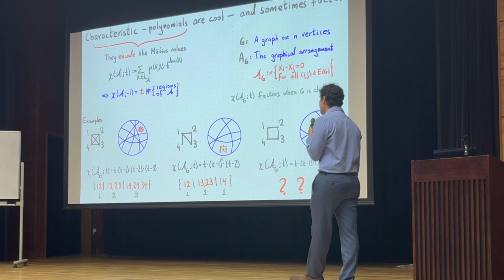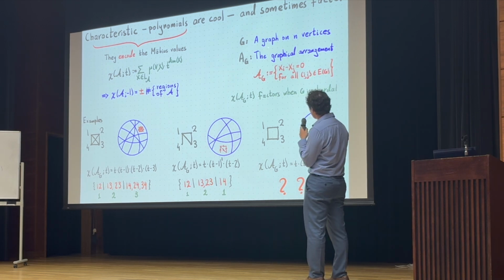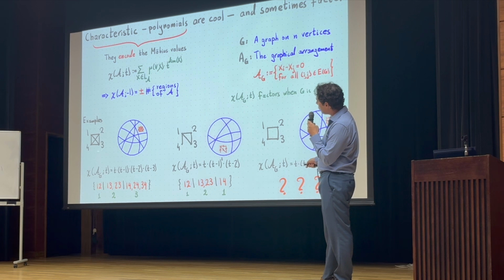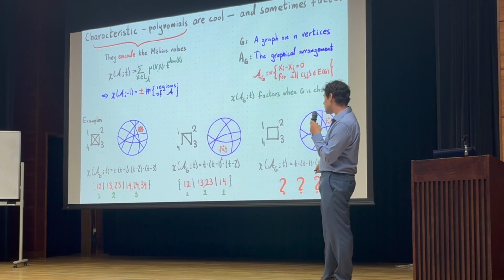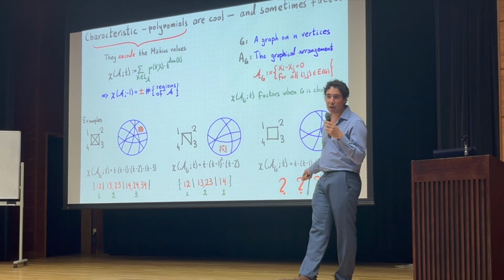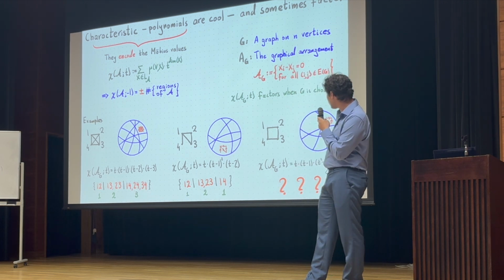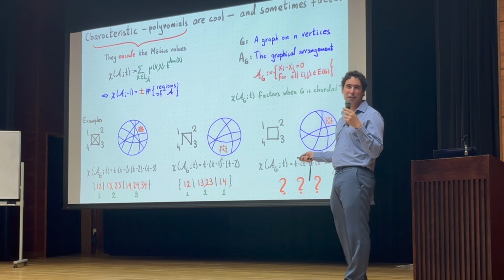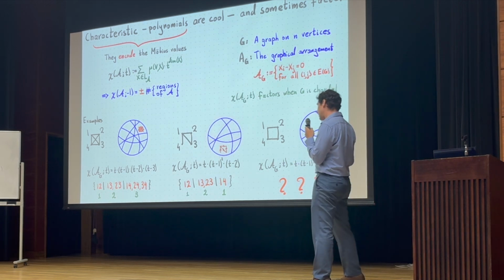Now, if we start with a graph, we can construct a graphical arrangement where we take the hyperplane x_i - x_j = 0 just for the edges in the graph. I'm giving you here the complete graph on 4 vertices, which corresponds to the braid arrangement, and has a nicely factoring characteristic polynomial. And I'm giving you another example that also has a nicely factoring characteristic polynomial, but it doesn't always happen. If your graph has a place where it could have a chord but doesn't have a chord, it means it's not chordal, and in those cases the characteristic polynomial doesn't factor, or likely doesn't factor.